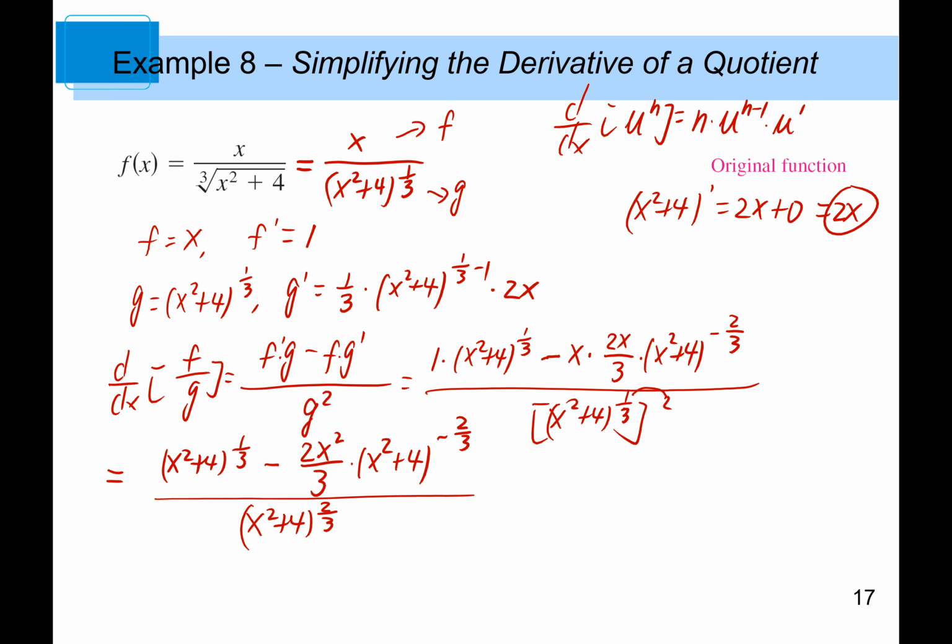Okay. Now it's not done yet, so we have to get rid of the negative exponents here. What we can do is multiply both top and bottom by x squared plus 4 to the 2/3.